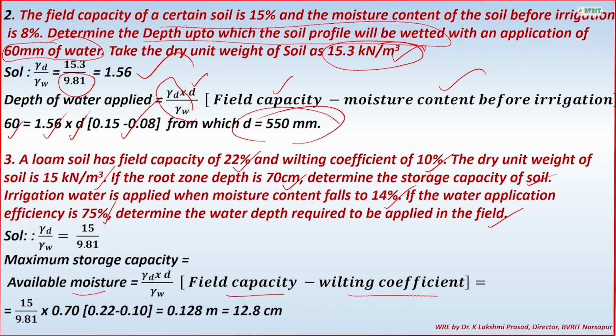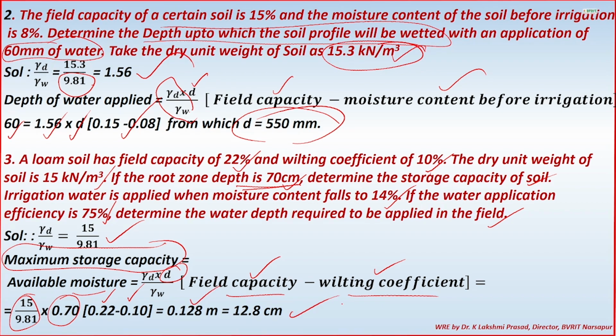If you mention that, that is the minimum level which we will take. So this available moisture is nothing but the storage capacity actually. So gamma D by gamma W, same as in the previous problem. D, field capacity, wilting coefficient. See, gamma D by gamma W is already given to you. Depth of root zone, then 0.2, 0.10, 100.